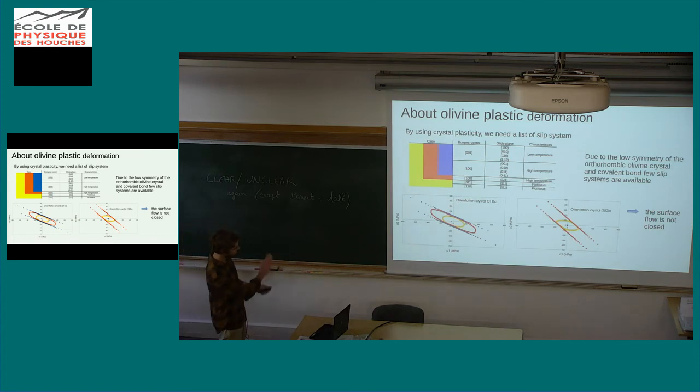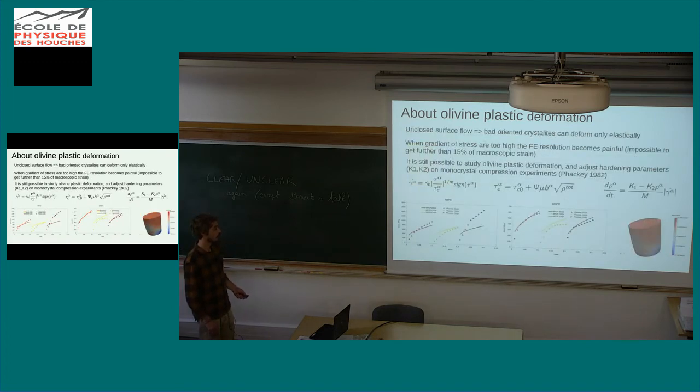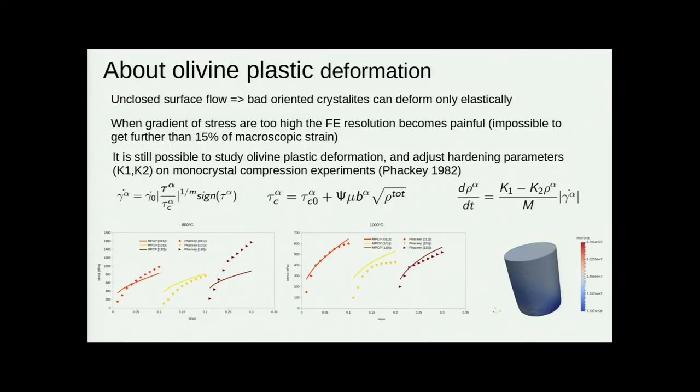Here you have two cuts within the flow surface calculated with those lists of slip systems, and you can see that for some stress directions the crystal cannot deform plastically. This causes numerical issues, because if we deform the finite element mesh, and some elements are badly oriented with respect to the stress, they can only deform elastically.